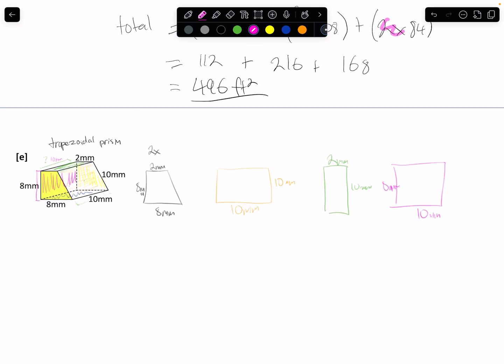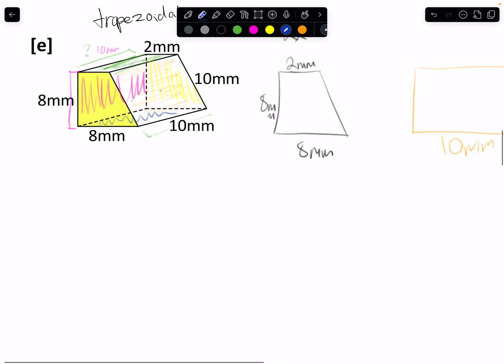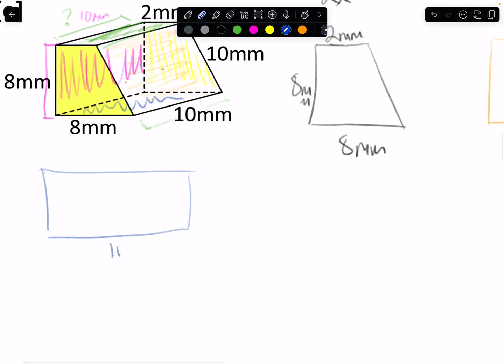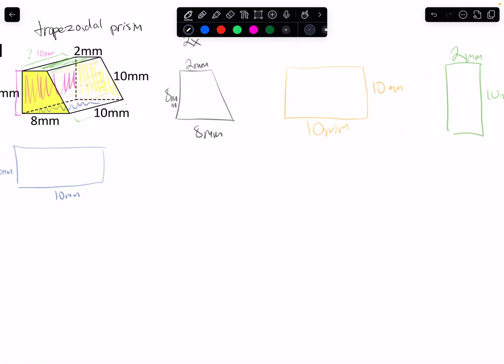And then our final one, I might do over here, which is blue. And we can see that our long side is 10 millimeters, our short side is 8 millimeters. Beautiful. All right, so let's calculate some areas.